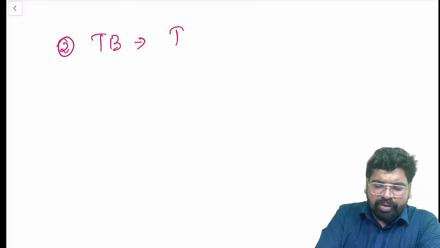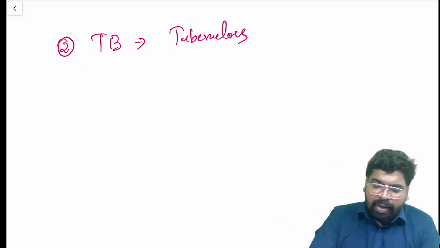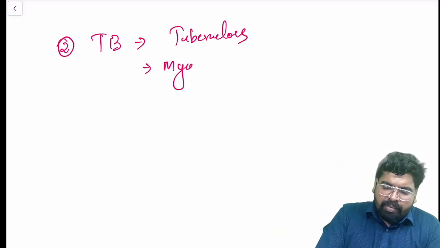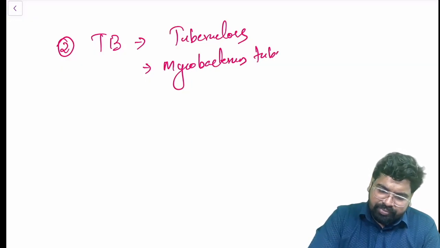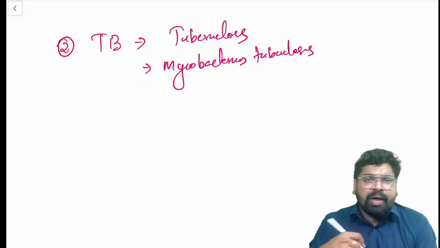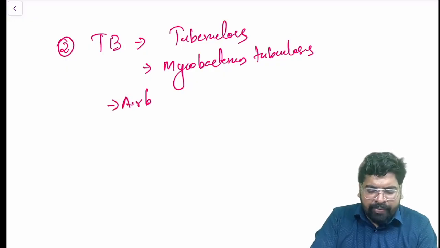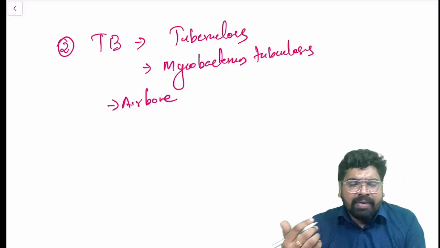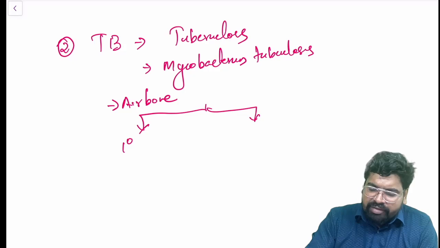Now let's see the next bacterial infection, TB, tuberculosis. It is usually caused by Mycobacterium tuberculosis. TB is usually an airborne disease. There are two types of TB, primary TB and secondary TB.